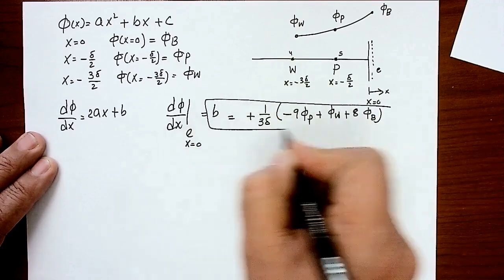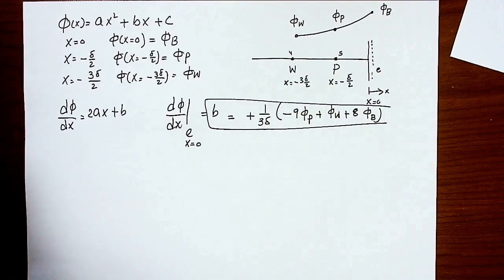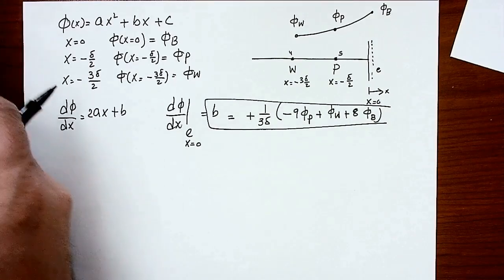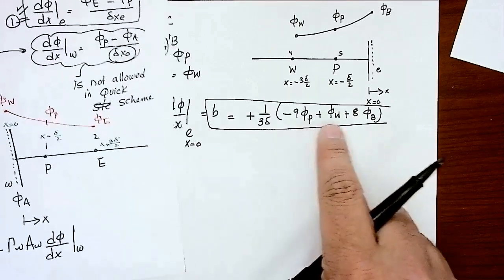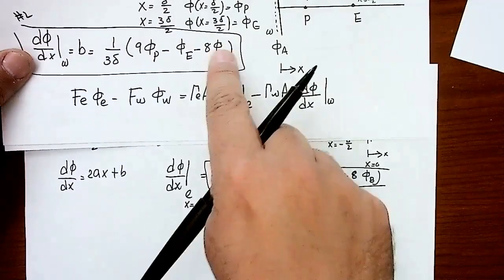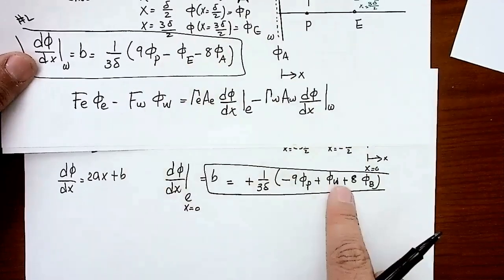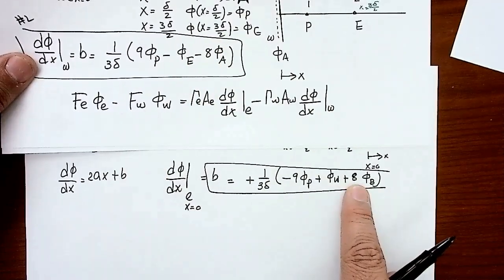Let's look into this and compare that to what we got for the b before. It's kind of like negative value for everything. That's what we got here, 9 phi b. Let me compare that with this, 9 phi b. We got minus 9 phi b. This was the east side. Here I'm getting the west side. And there is 8.